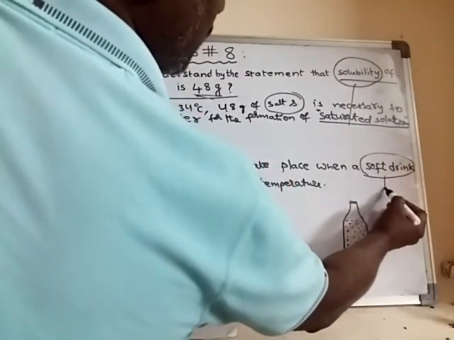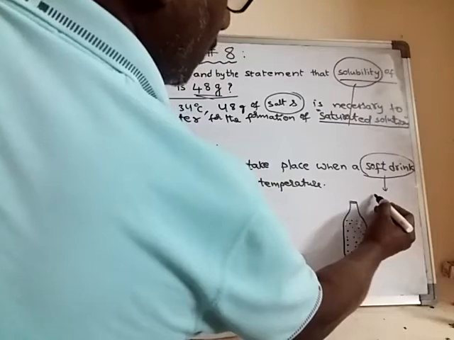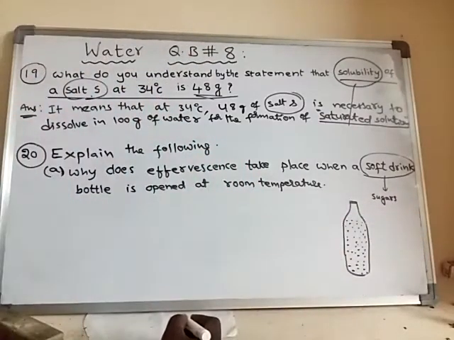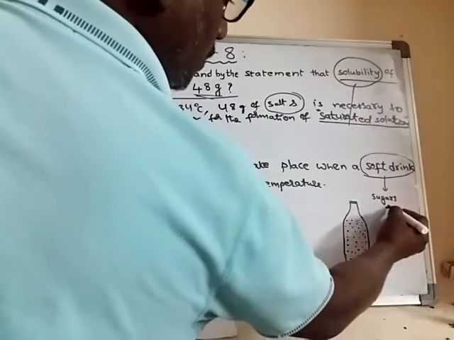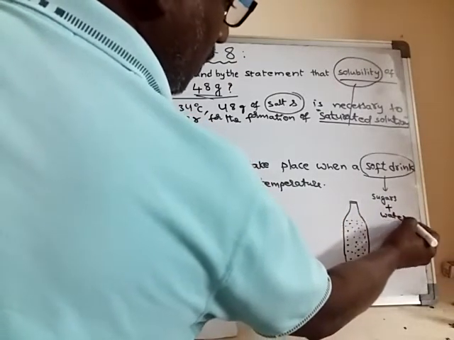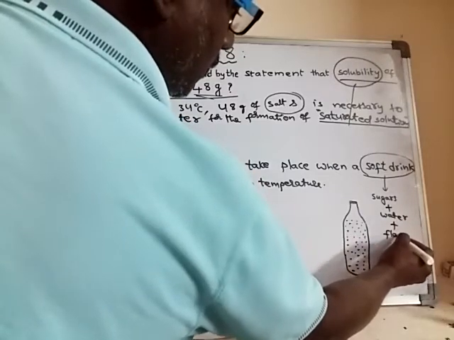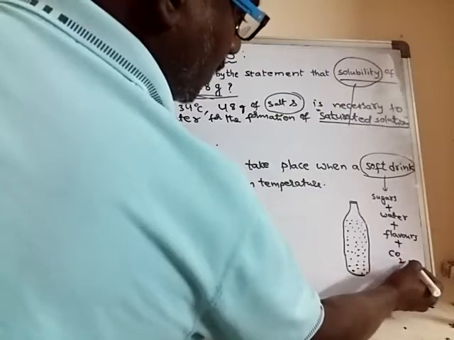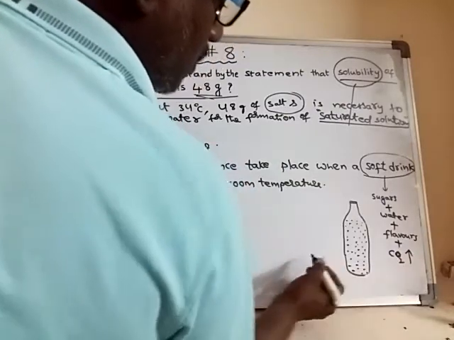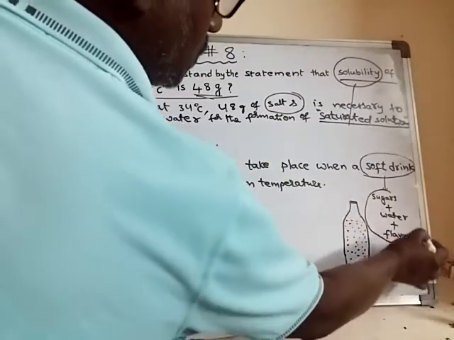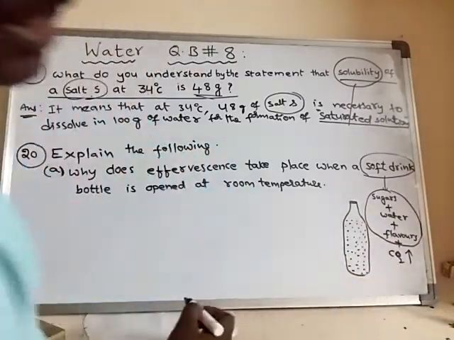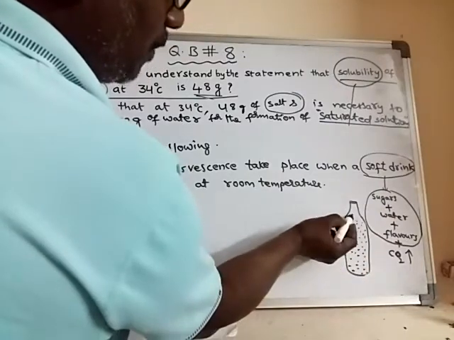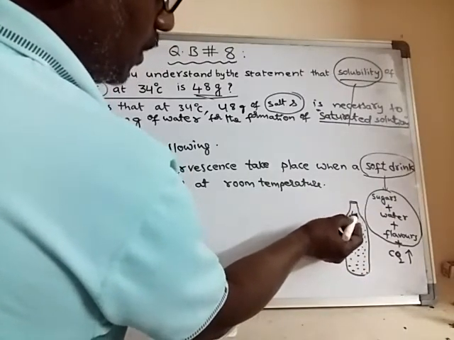It contains some sugar dissolved in water, some flavors are also added, and also carbon dioxide gas is sent into this. After addition of all these things, carbon dioxide gas is filled into this solution under pressure.